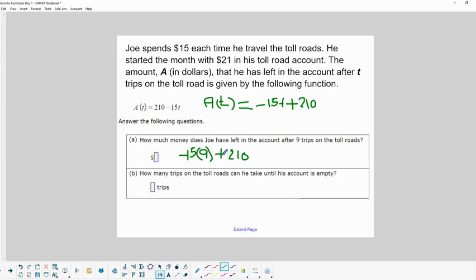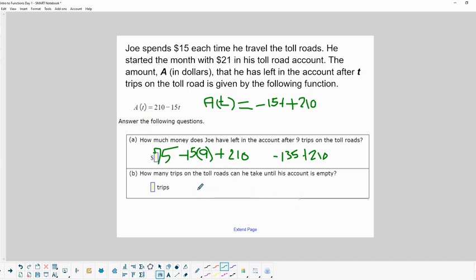So negative 15 times 9 is negative 135. So negative 135 plus 210 equals 75. So you would have $75 left after that many times.